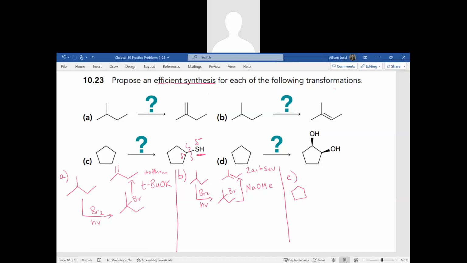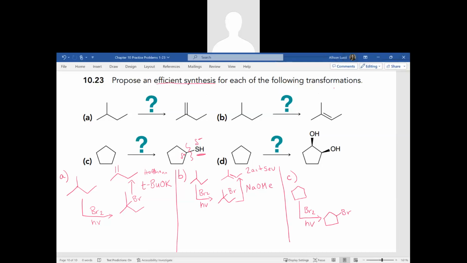So how can we create an electrophile from our cyclopentane? Well, we could definitely brominate it again. Say we did that. We could use Br2 and light, for example, and then we would end up with this cyclic alkyl halide, bromocyclopentane. Now we need to perform a substitution, right?